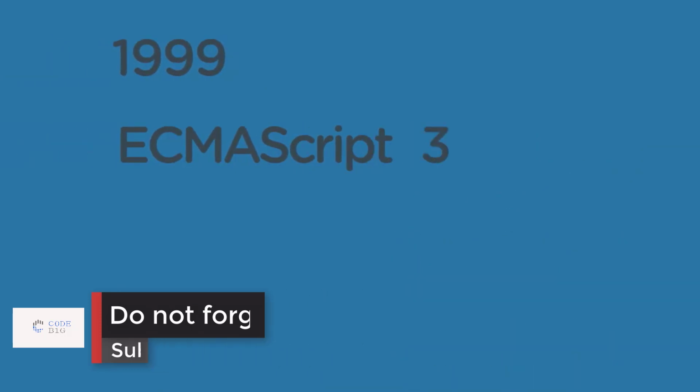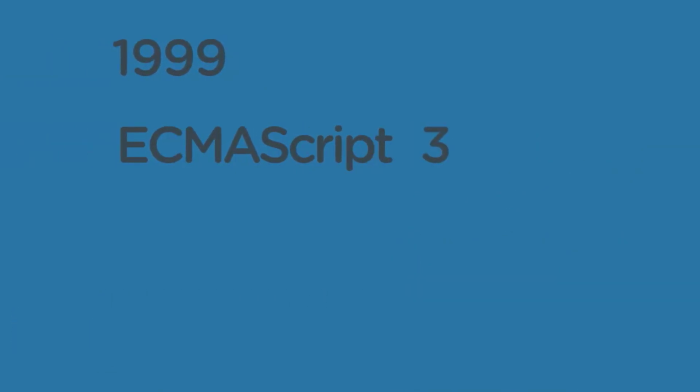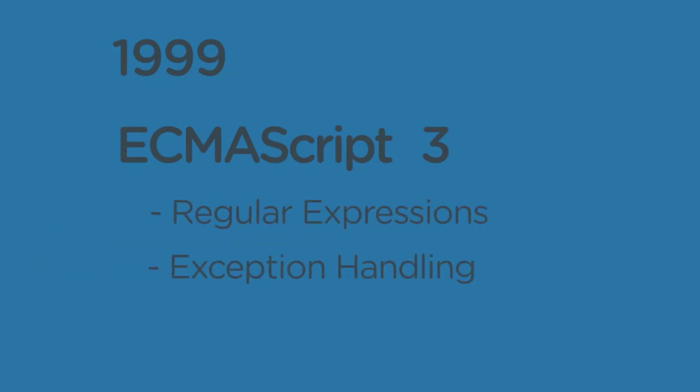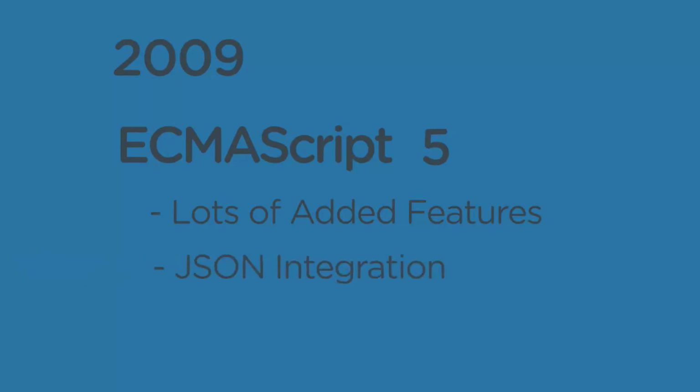Then, in late 2009, ECMAScript 5 introduced a number of useful features to the language. This version made JSON a first-class citizen with the addition of several methods that made use of JSON a lot easier. With the release of ES 2015, which is the latest upgrade to JavaScript since its creation, the language has new data types, improved utility functions, and features to better define the scope of your code block.